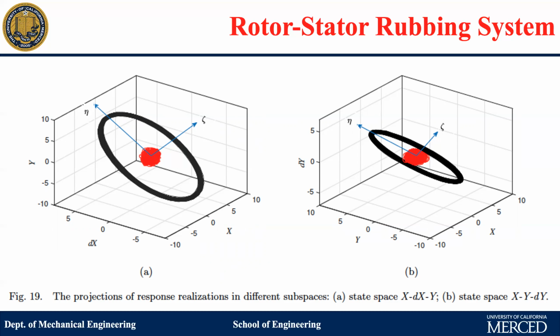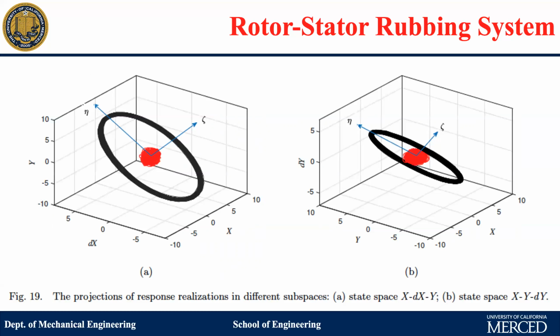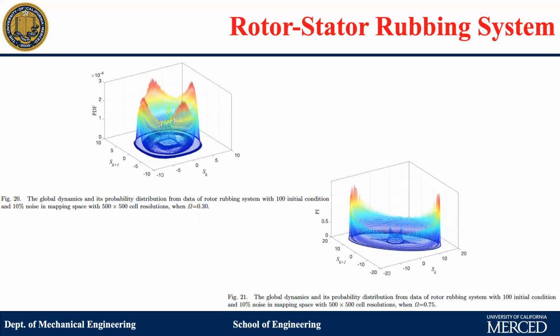These are the two three-dimensional state space projections, and those are the high probability events. You see the manifolds of a stable periodic motion, and the red one is actually an unstable motion.